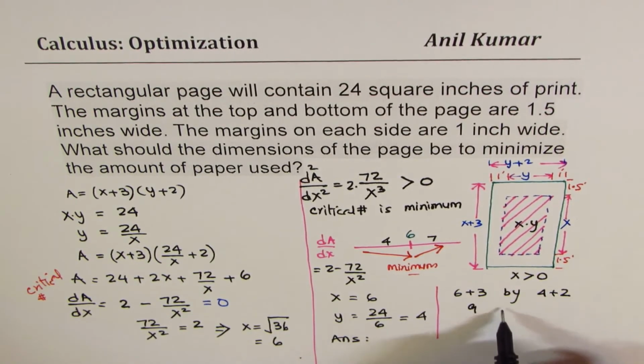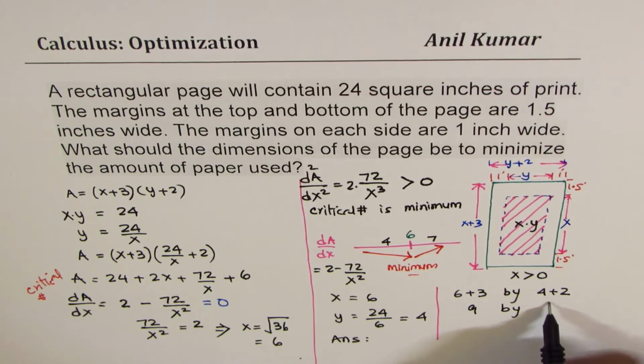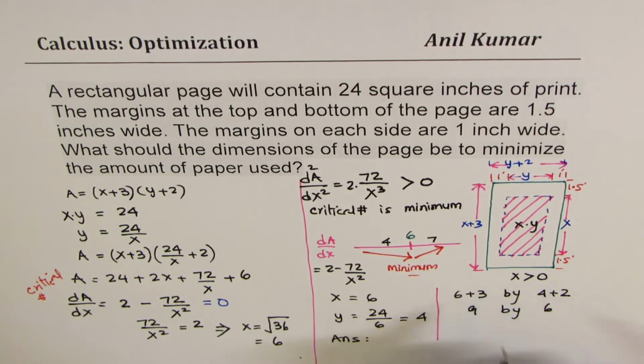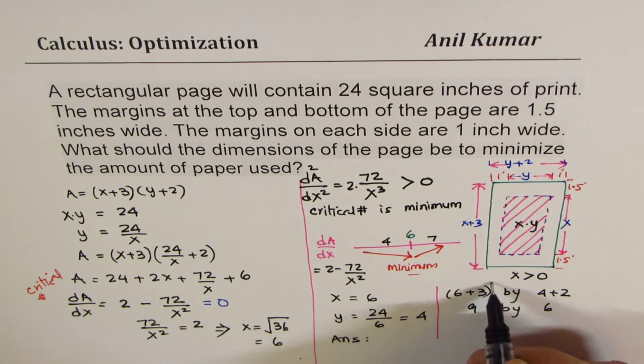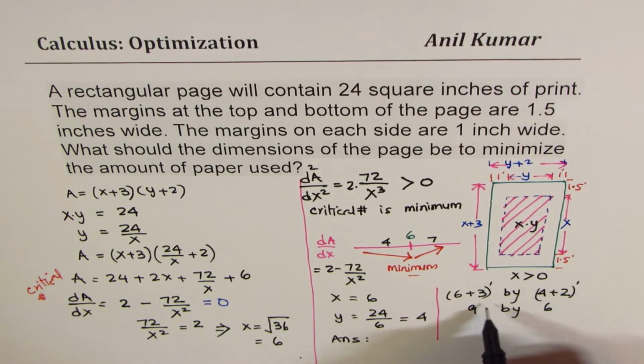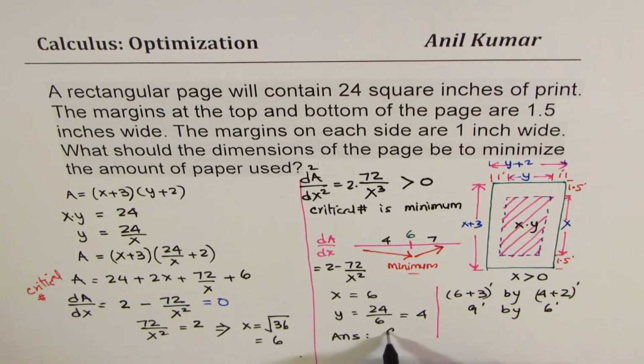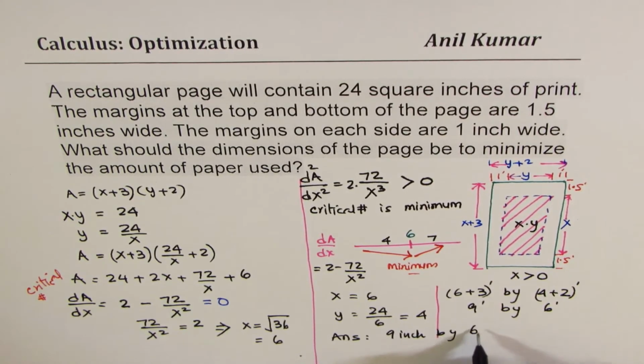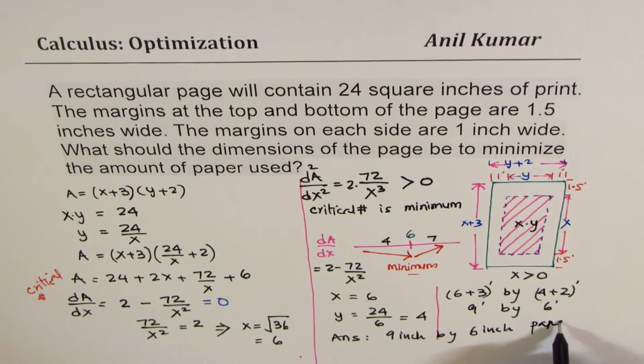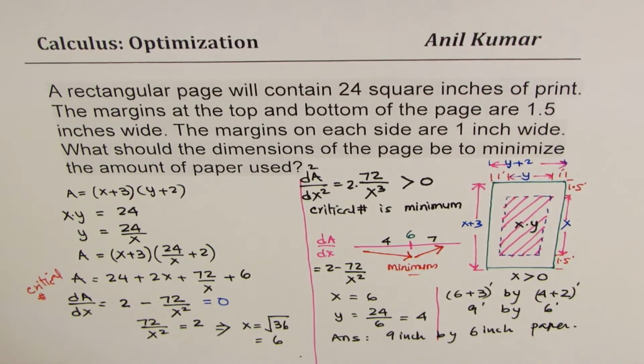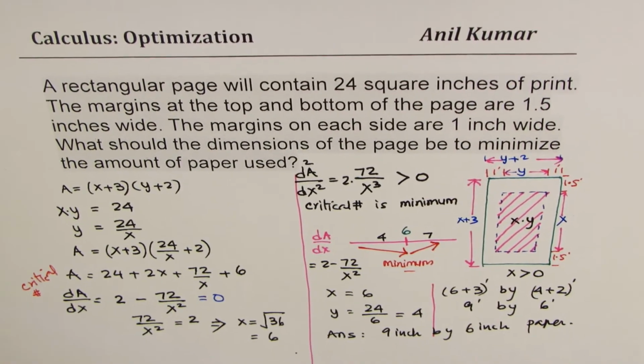So it is 9 by 6. And all are in inches. So that is inches. So we have 9 inch by 6 inch paper to minimize the cost of printing. So I hope the steps are clear.